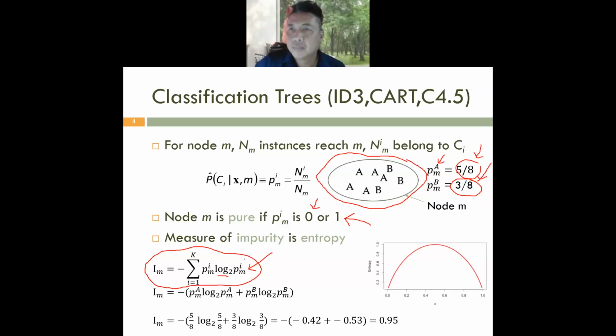So how do we actually compute the purity of this? We will make use of these two pieces of information.